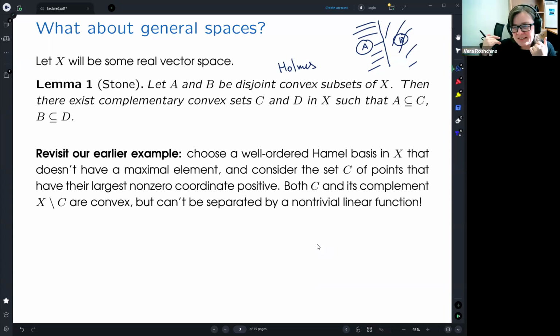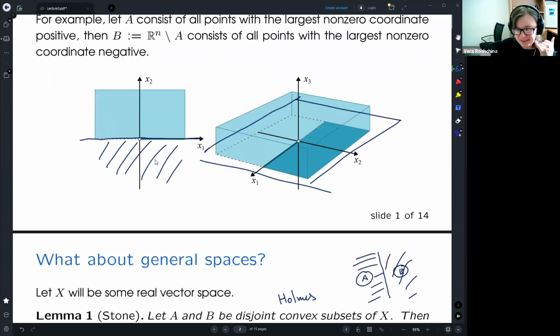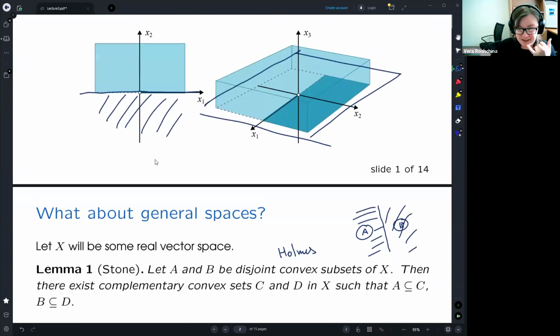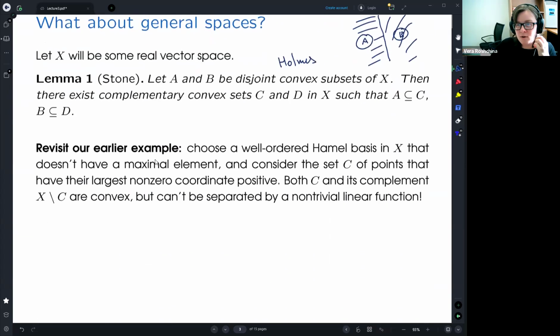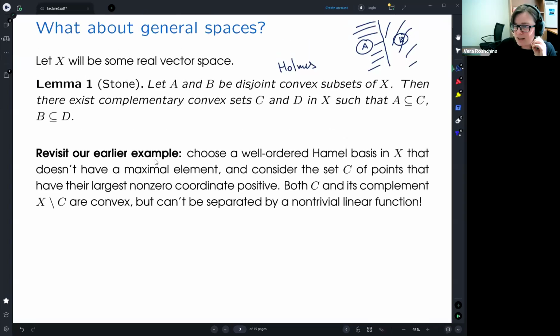So we look at this previous example that we had in finite dimensions. We think about the set, a convex set of all points now in the infinite dimensional space that have the maximal coordinate positive. So in any vector space, and this comes from the axiom of choice and all those results that are very non-constructive, in any real vector space, there's a basis.